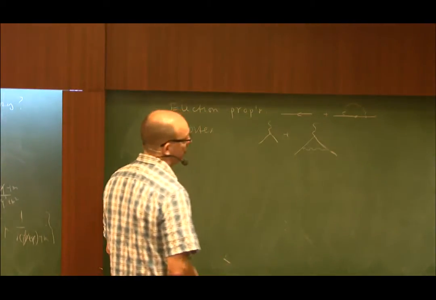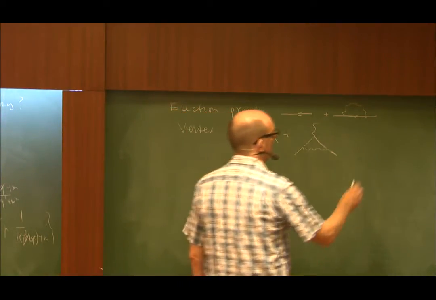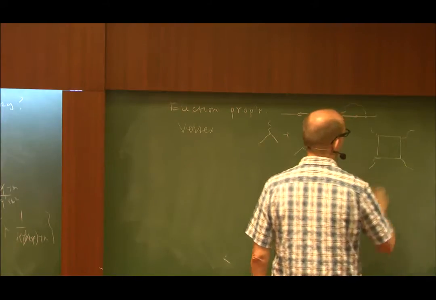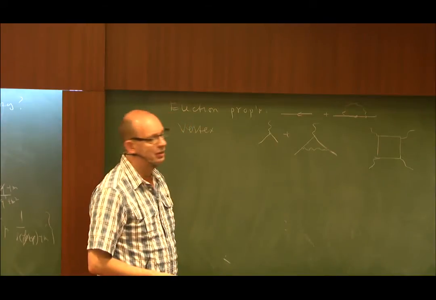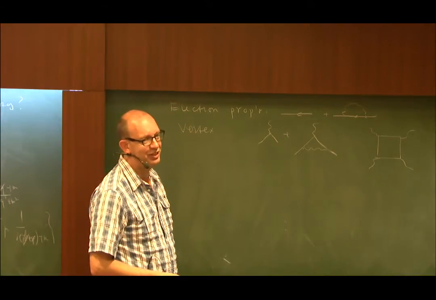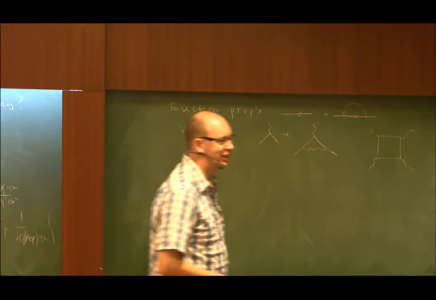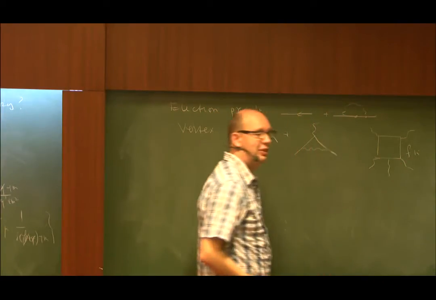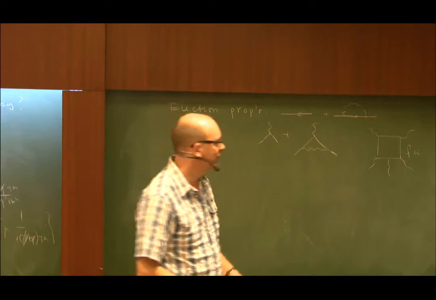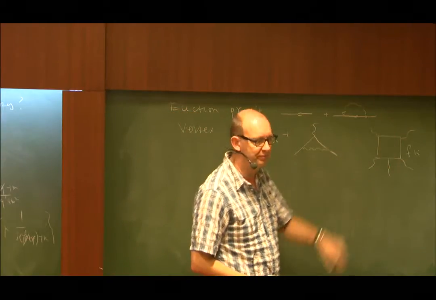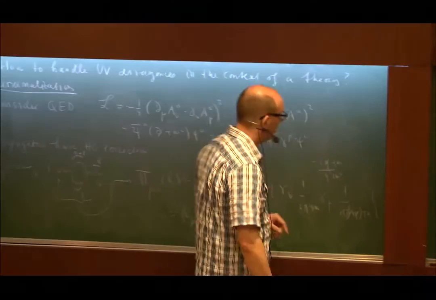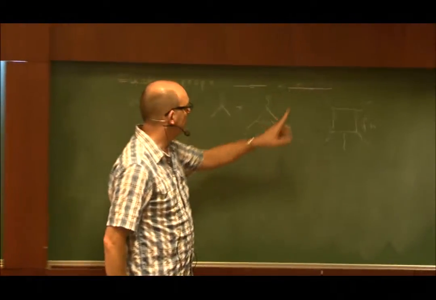Okay, could there be divergences that we didn't have before? Could we have a divergent 4-photon interaction? Yeah, but it actually isn't, just by symmetry. So this is actually finite. If I make a 5-photon diagram, it's for sure finite. The more external lines, it's always finite then. So the only divergent diagrams really at one loop are for the photon propagator, the electron propagator, and the vertex.